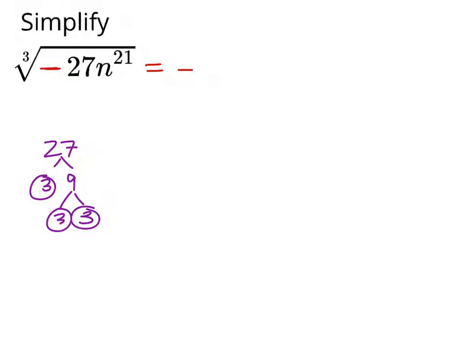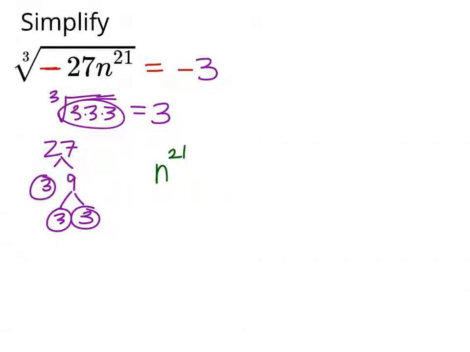So this is actually like taking the cube root of 3 times 3 times 3. So 27 is a perfect cube because it gives me a set of 3 3's for the cube root. So that would just end up being 3. So I've got that negative 3. Then I've got n to the power of 21. Now I'm not going to write all these out.